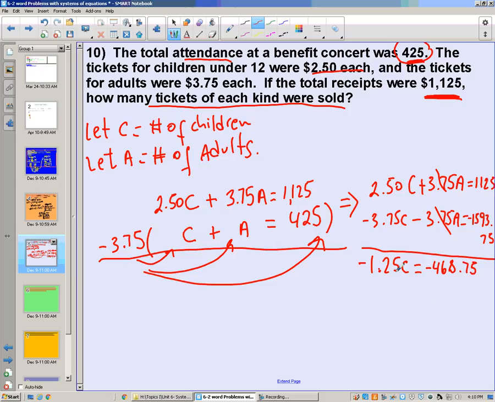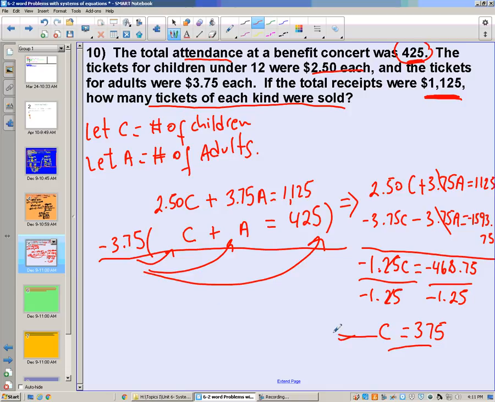All right? Now I'm solving for c, so I'm going to divide both sides by negative 1.25. So now I'm left with 375. Nice number there. So that's the number of kids that attended. How many adults attended? Because I want each kind, right? So I have to come back up here and pick one of these equations to solve for a. Which one do you think will work? Well, obviously the one on the bottom will be the nice one, right?